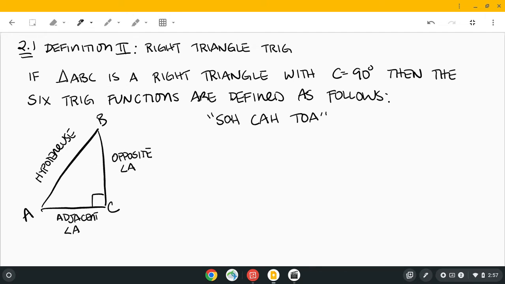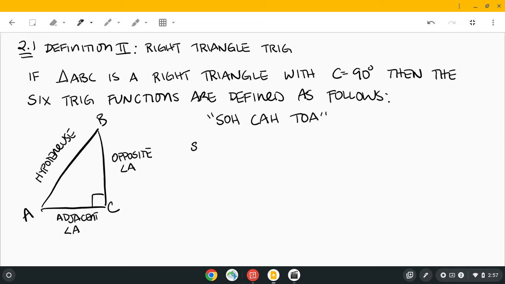The O, the H, the A, the H, the O, the A, those all represent one of the three sides of the right triangle: O being opposite the angle, A being adjacent to the angle, and H being the hypotenuse. Okay, and so you can come up with the 6 trig functions using those ratios.